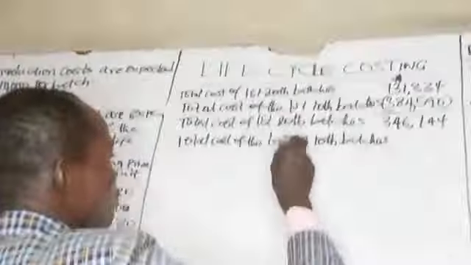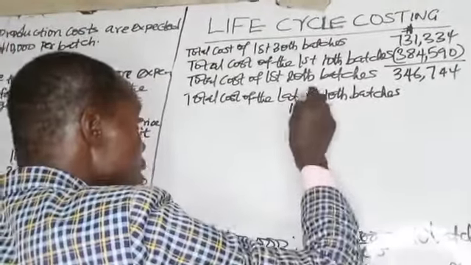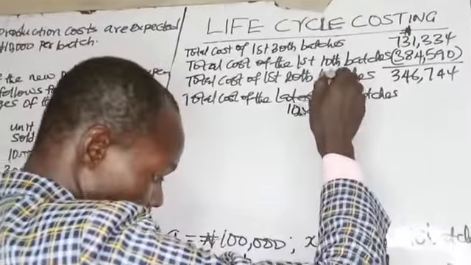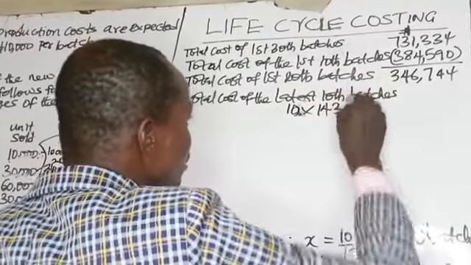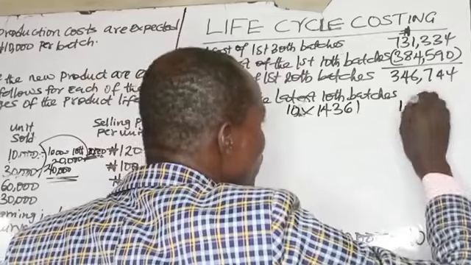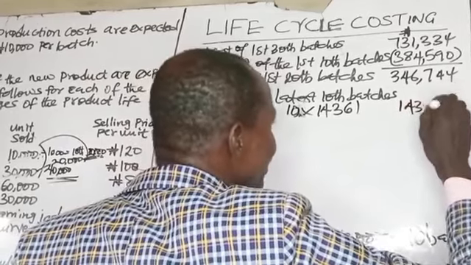So we have 10. That is the remaining 10,000, 10 batches. 10 batches times 14,361. That will give us 143,610.